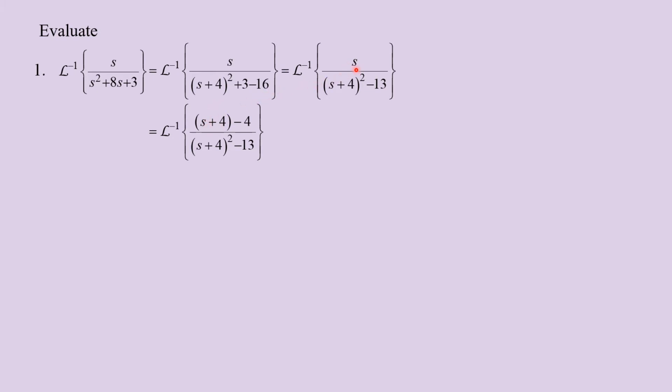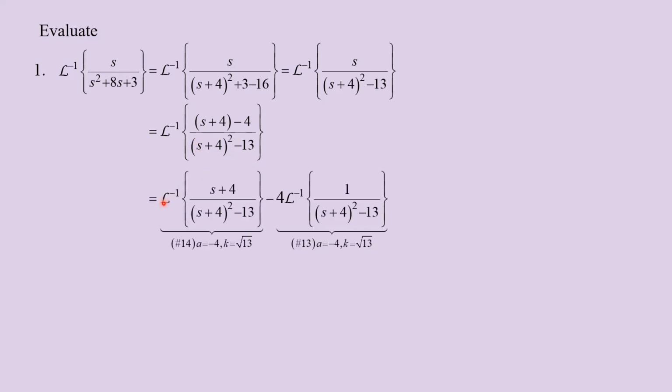So to get back s, we have to take away 4. So s plus 4 minus 4 gives back s. These two are equivalent. So next step, we have to apply termwise division. First term, s plus 4 divided by the denominator, minus the second term divided by the same denominator.